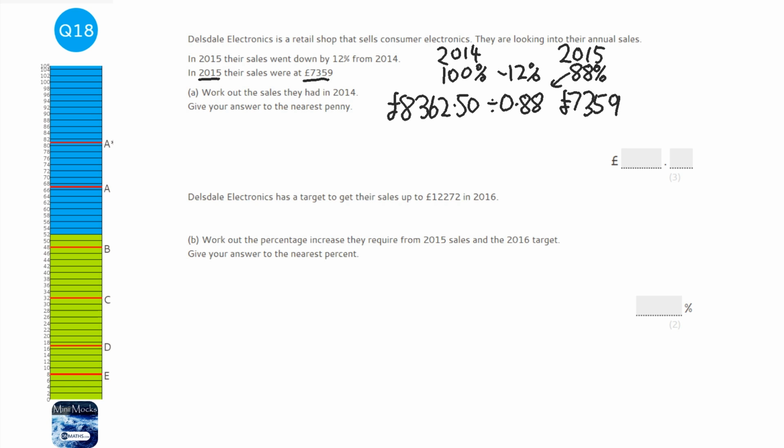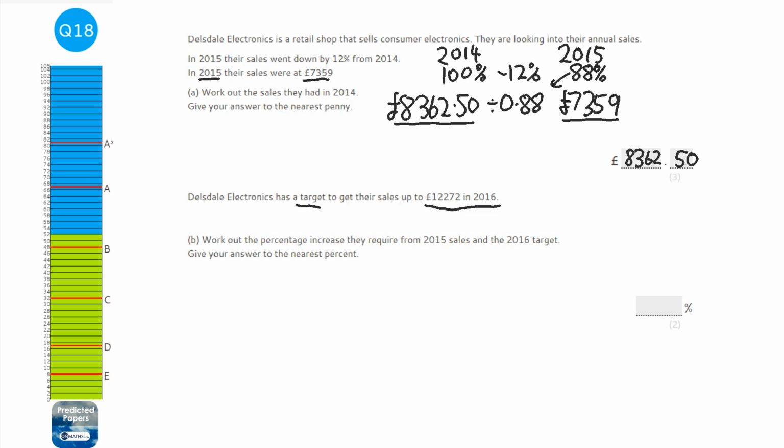You've got to ask yourself, is that reasonable? Well, they went down by 12%, so it's natural that they would go from a number just over 8,000 to a number that's just over 7,000. So I'm going to write the answer, £8,362.50.